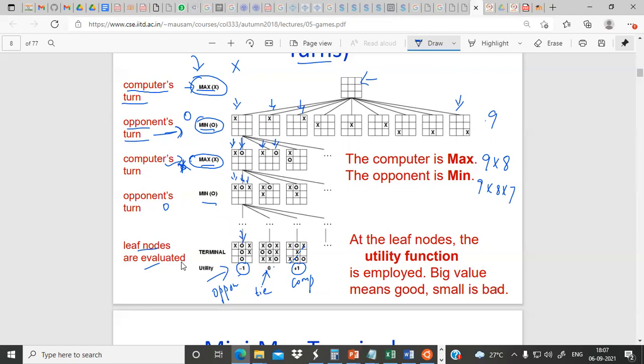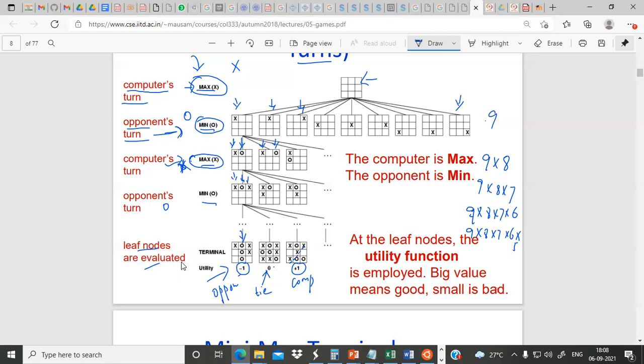At the next level, for each of these 9 into 8 into 7 possible moves, how many moves can the opponent make? 6 moves. So 9 into 8 into 7 into 6. Again, for each of these, the next player can make 5 different moves: 9 into 8 into 7 into 6 into 5.